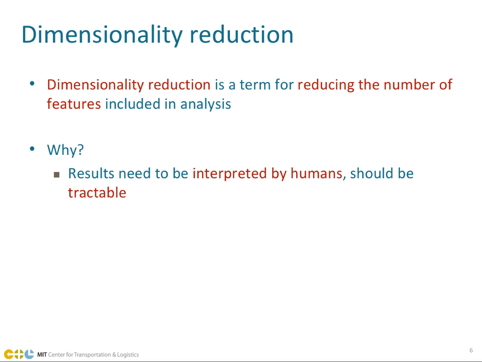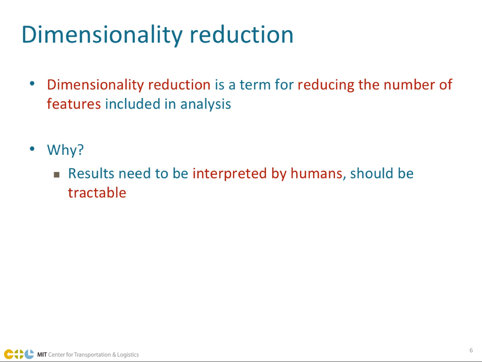And why is this important? One of the big pieces of machine learning and the big benefits of it is that, well, we should be able to throw these really large data sets at it. They should have lots of records in them, and they should have lots of different features or characteristics, and machine learning should be able to sort it out. Well, at the end of it, humans need to interpret the results, and these need to be tractable, and they need to be understandable.